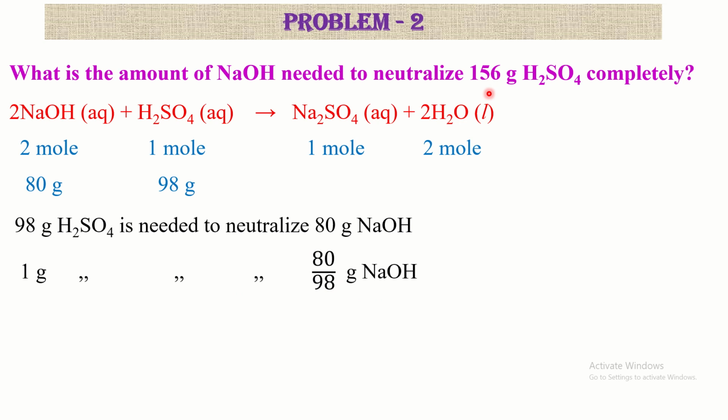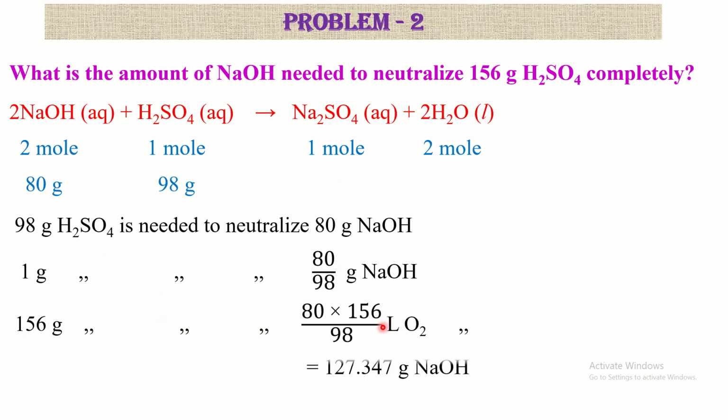Therefore 156 gram sulfuric acid is needed to neutralize 127.347 gram sodium hydroxide. This is our required answer, because here you have to find the amount of sodium hydroxide needed to neutralize 156 gram sulfuric acid.